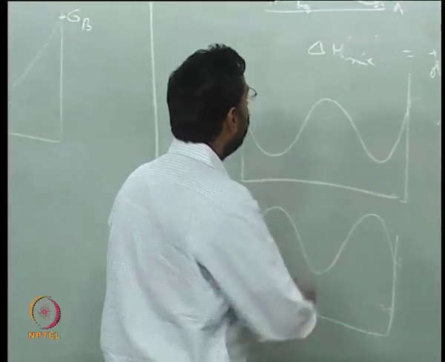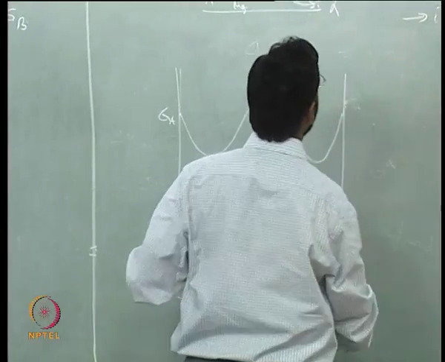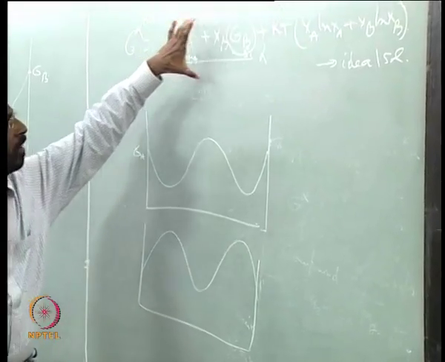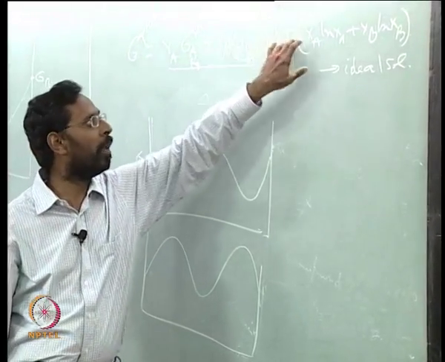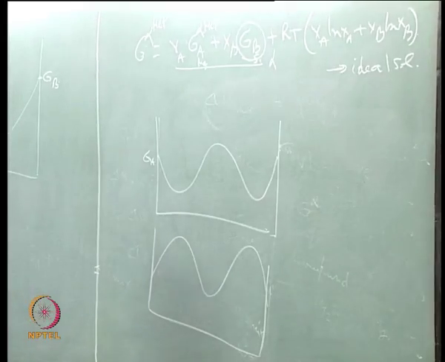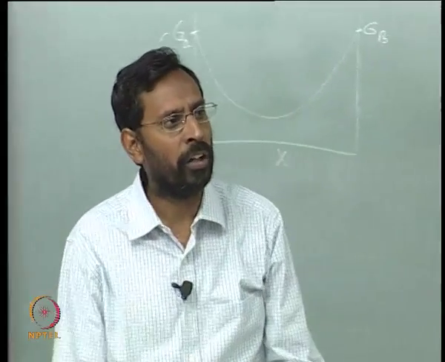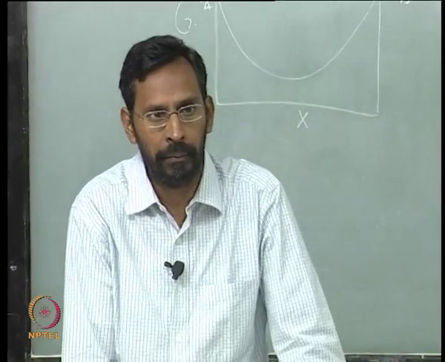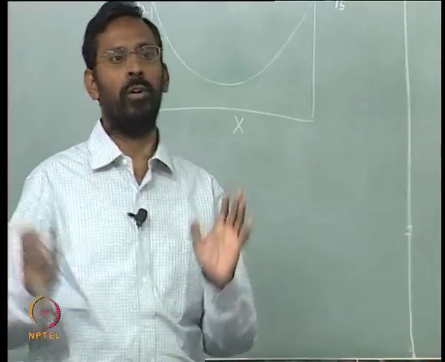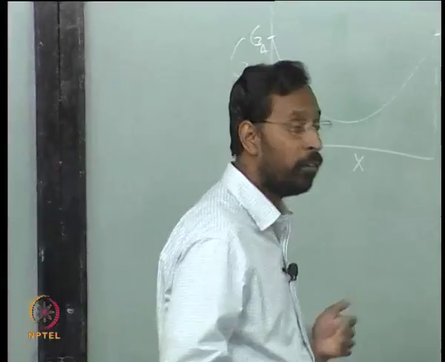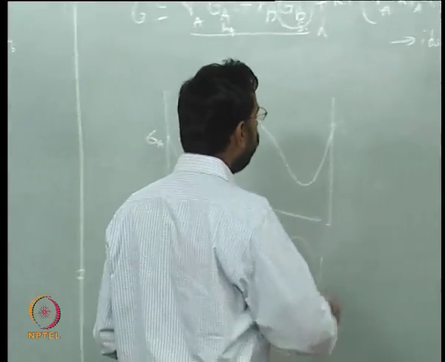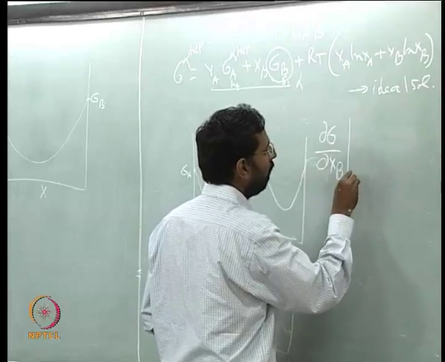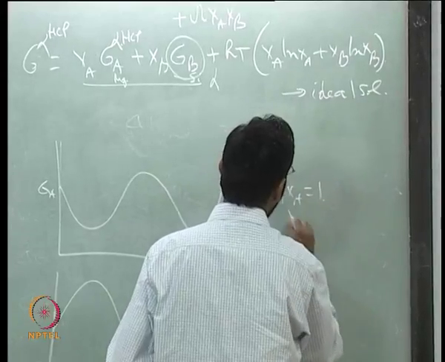Now if you take this particular equation, which is XA plus XB plus omega XA plus RT XA ln XA plus XB ln XB, and try to find out the slope of it, that means differentiate this equation with respect to XB, knowing pretty well that XA plus XB equal to 1, and find out that value of dou G by dou XB at XA equal to 1 or XB equal to 1.